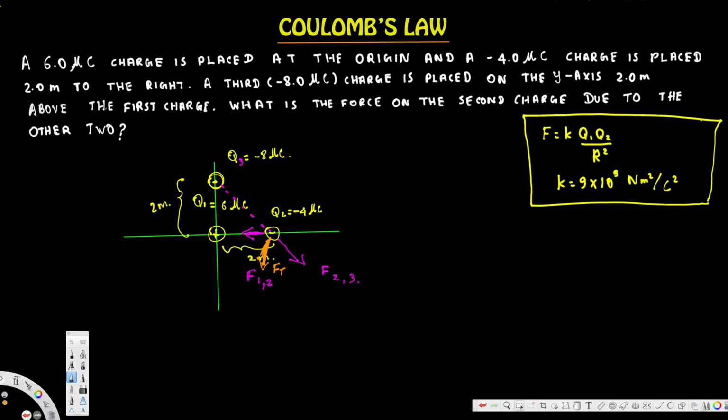Now let's find F12 first. To find that one, we can use this equation: F is equal to k q1 q2 over r square, where k is 9 times 10 to the power of 9. We are trying to find the magnitude, so F12 is 9 times 10 to the power of 9 times 4 times 10 to the power of minus 6 times 6 times 10 to the power of minus 6, divided by the distance, 2 meters, squared.